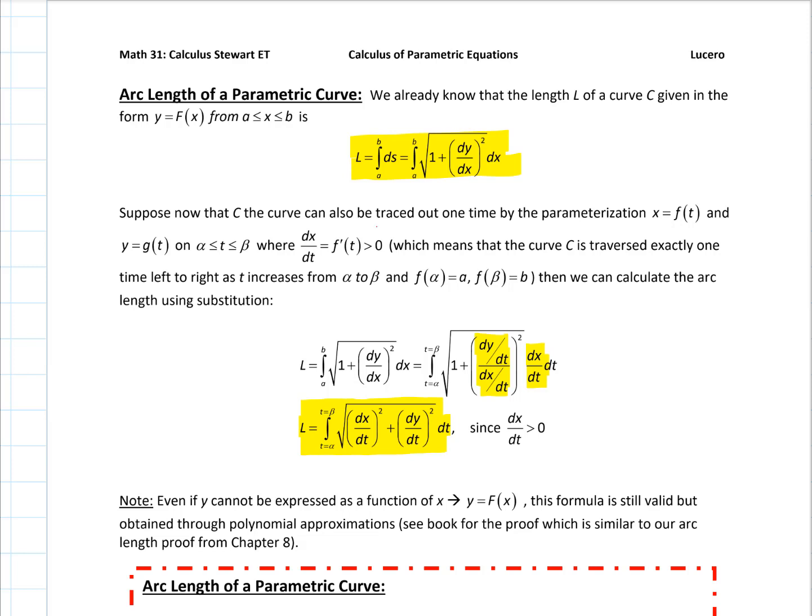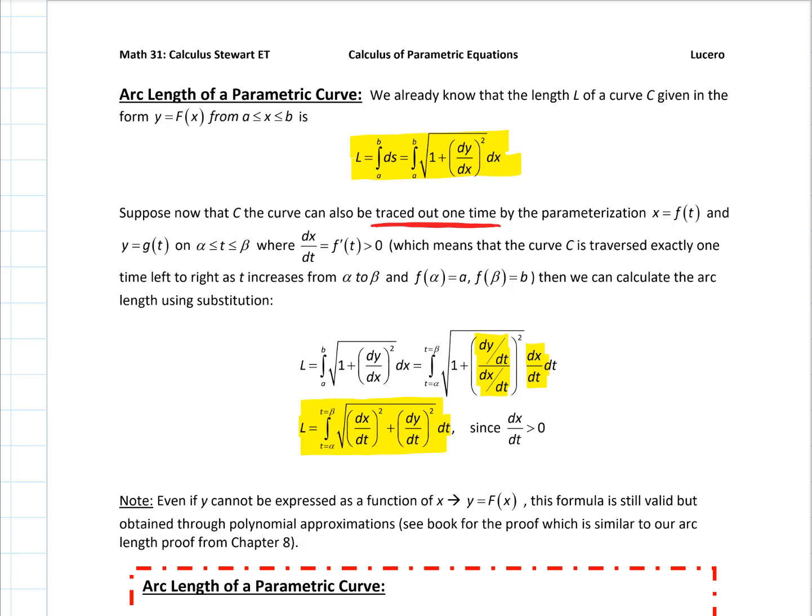We have to say we're traced out one time, because it turns out with parameterizations you can actually go around a curve multiple times as you increase the parameter. Think of the circle, for instance. You trace a circle out once from 0 to 2 pi of the parameter, but if you allow the parameter to continue increasing, you'll just keep cycling around the circle.